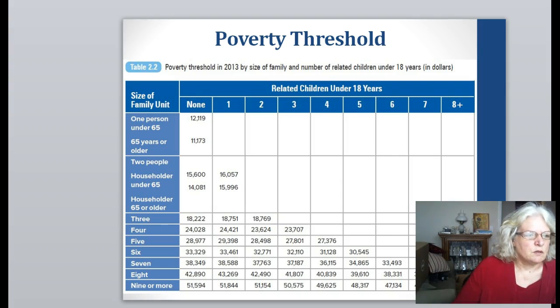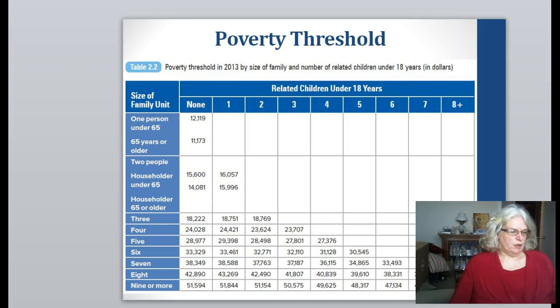So here's the breakdown. I don't even have to go to the federal site because our book is current and up to date. And so for a family of 3, the poverty threshold is $18,222. A family of 4, $24,000. So what can you do with that?